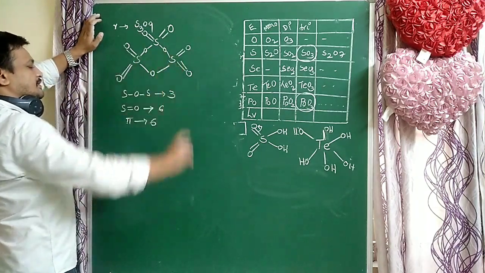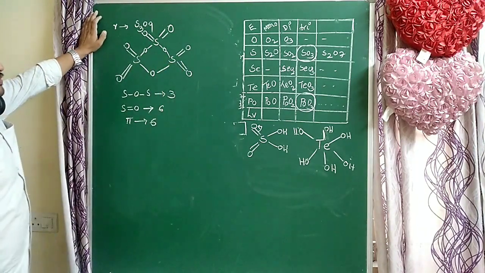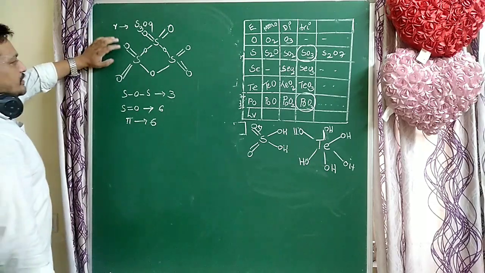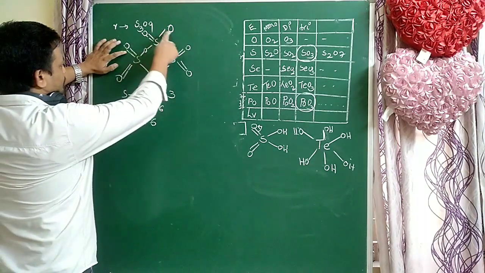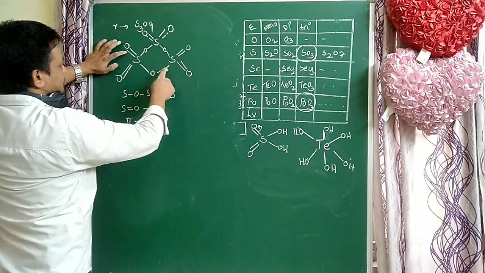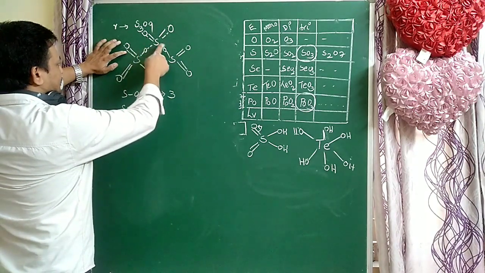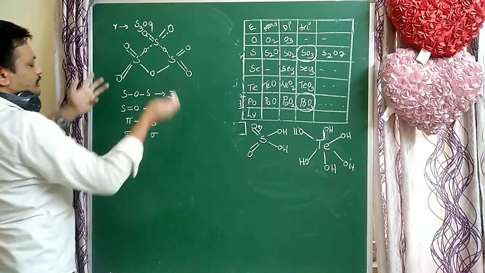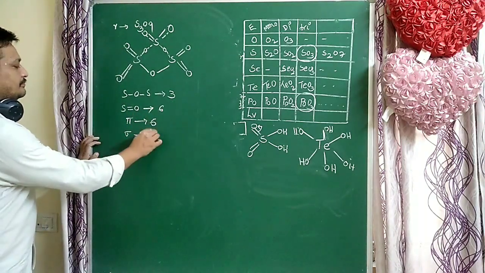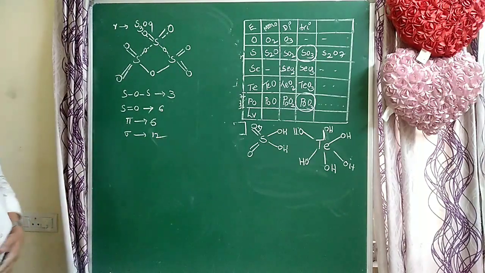You have to count: 1, 2, 3, 4, 5, 6, 7, 8, 9, 10, 11, 12. Twelve sigma bonds are there in total.